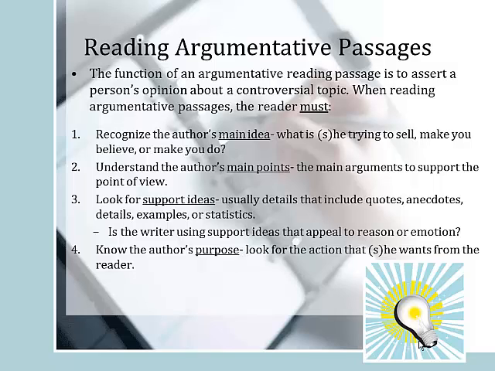Further, you've got to look for supporting ideas. These are usually the details that include quotes, anecdotes, details, examples, or statistics. In these particular details, they're going to appeal to either reason or emotion. And when I say by either reason or emotion, you have to think about the particular controversial topic.